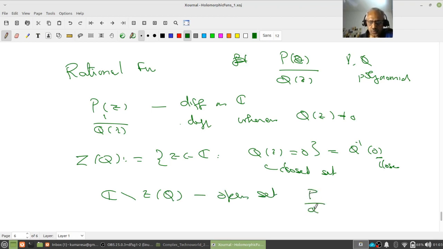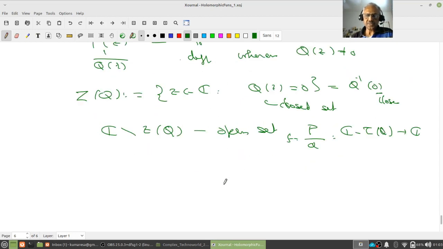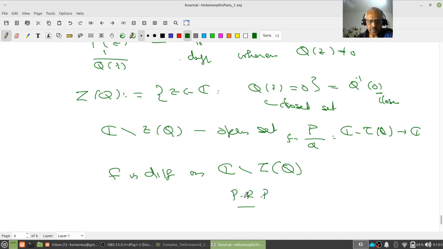Therefore, p by q, call it f, is a function defined on C minus Z of q to C, and by the algebra of differentiable functions, f is differentiable on C minus the set of roots of the polynomial q. Okay, pause, review, proceed.